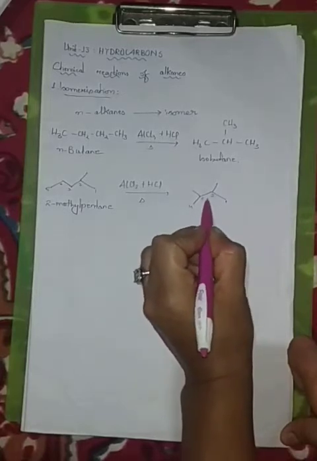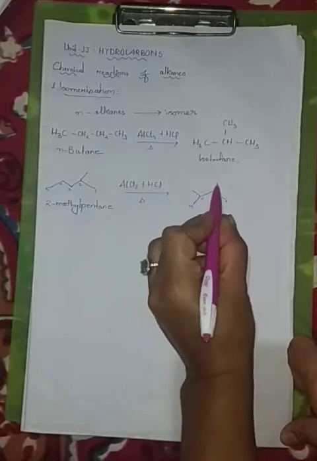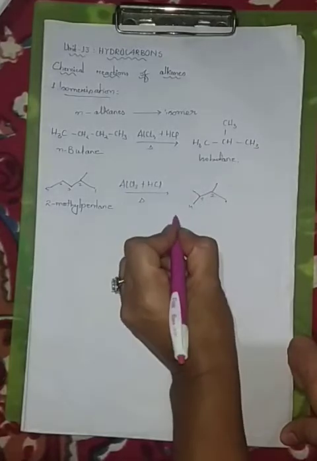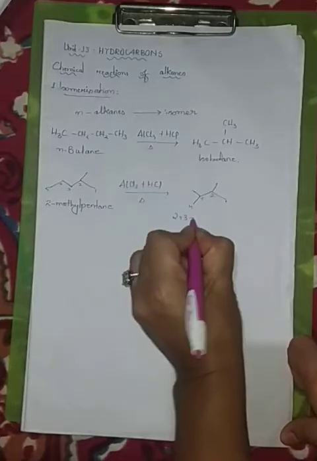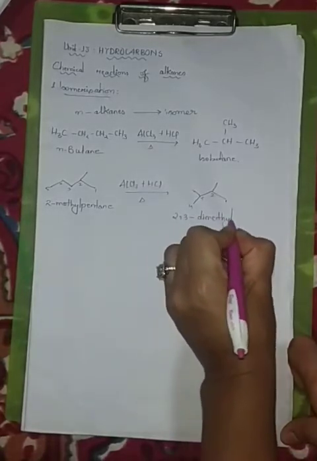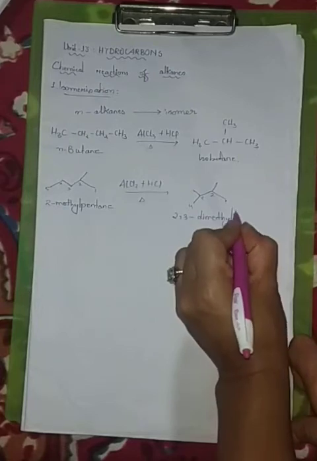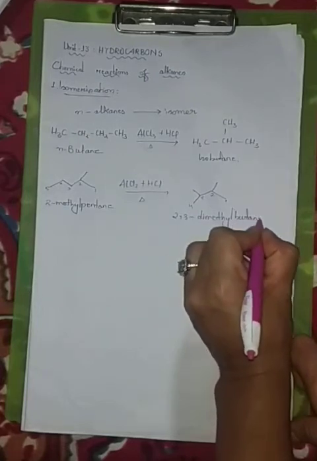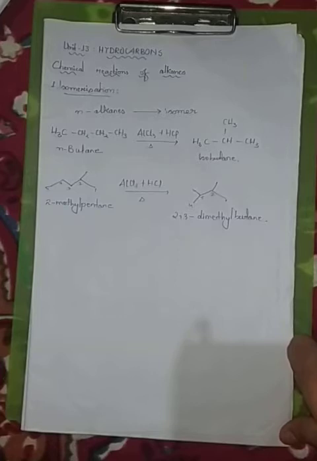On carbon number 2 and 3 we have our methyl groups. Therefore it would be 2,3-dimethyl, with 4 carbon atoms, so butane. Now this is the isomerization reaction, a chemical reaction of alkanes.